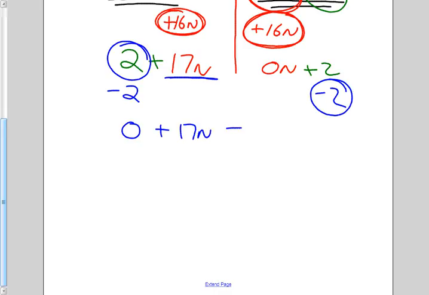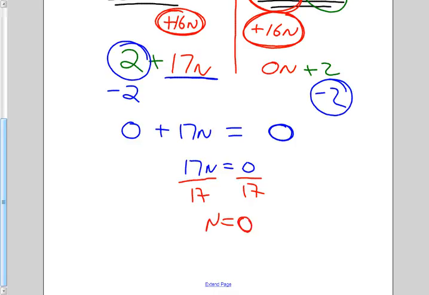And I get 0 over here. So as you can see, some stuff has happened. This is fine. Once I simplify out and the zeros are gone, I get 17n equals 0. And for my last step, we're going to divide by 17 on both sides. This gives me n equals 0 as my solution, which is perfectly fine. Don't worry about the zeros.